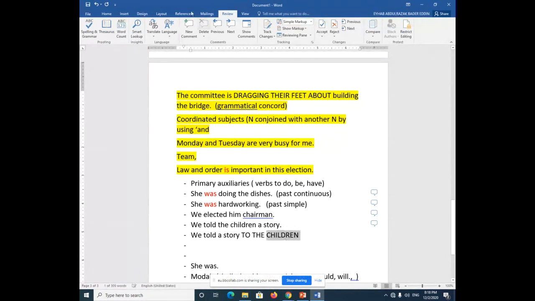Usually, in this case, the children here is considered to be the object of a preposition. We call it object of preposition, and usually it is preceded by to or for. And we call the object of preposition the recipient of action here. Okay.